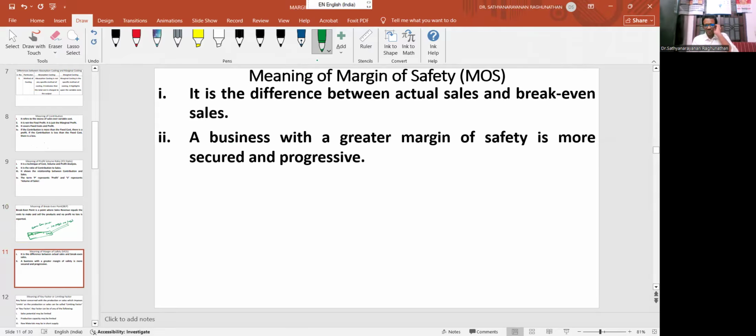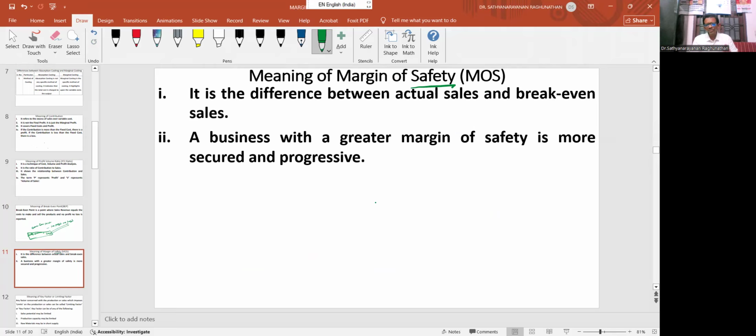Margin of safety. What do you mean by margin of safety? Here, margin of safety means above the break-even point. As the name itself suggests, safety means above the break-even point.